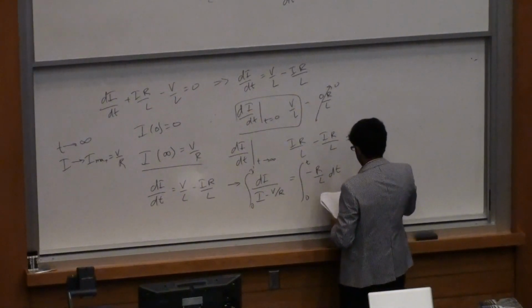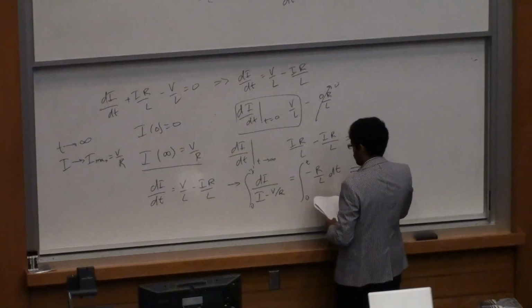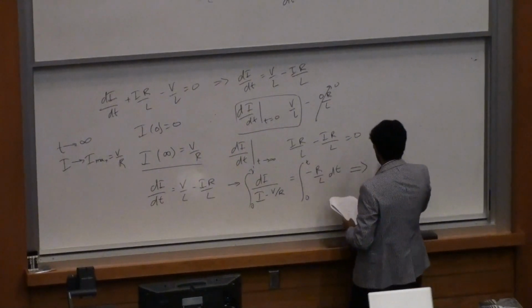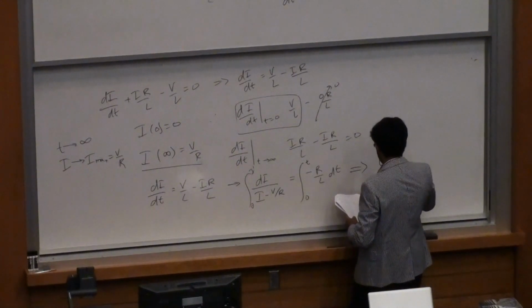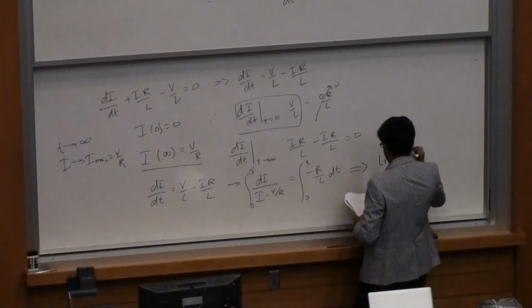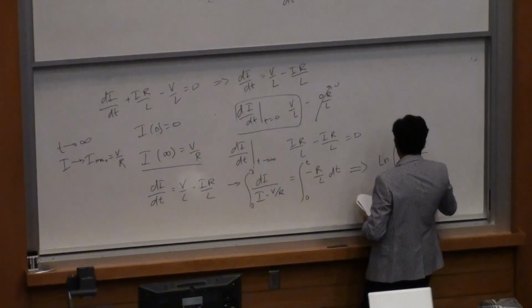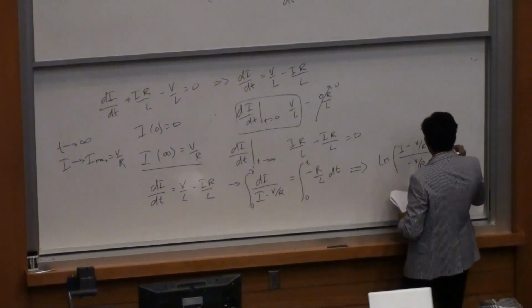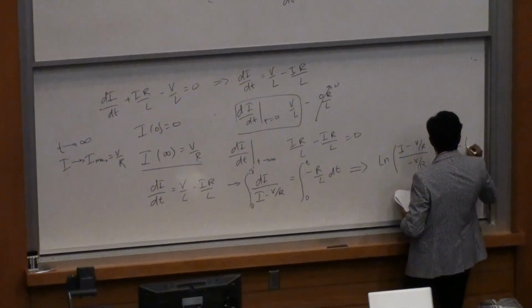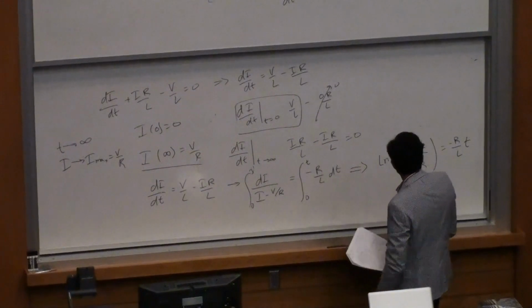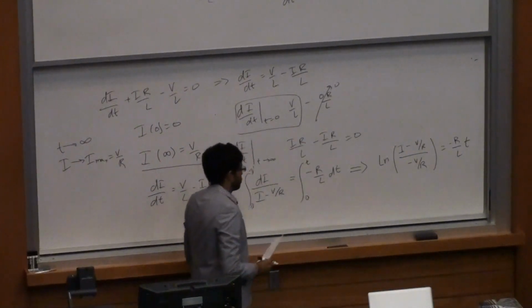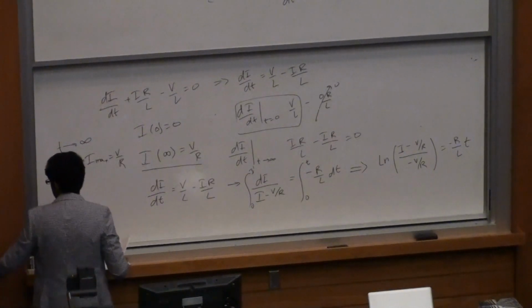So this equation essentially boils down to natural log of (I minus V over R) over (minus V over R) equals negative R over L times t. So now I solve for I.